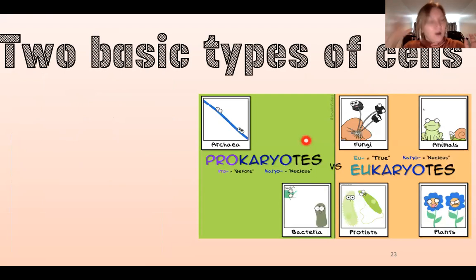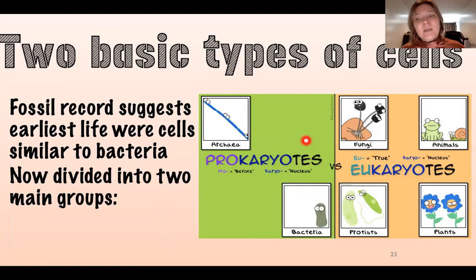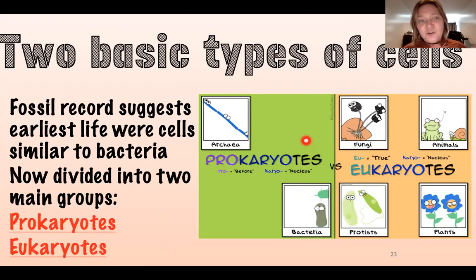Okay, now there are two basic types of cells that we can categorize. We have, as you see from the little GIF there, prokaryotes and eukaryotes. The fossil record suggests that the earliest life forms were cells similar to modern day bacteria, but now we divide them into two groups.